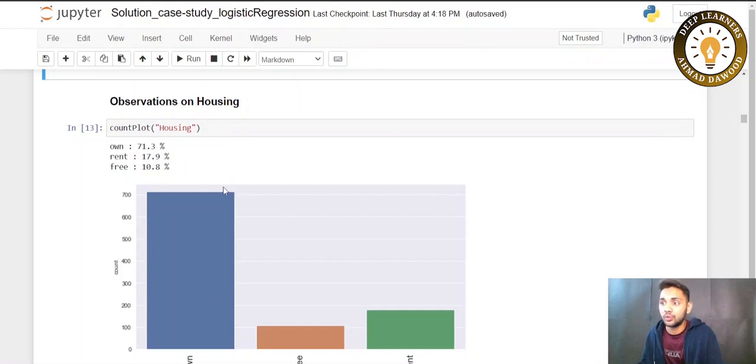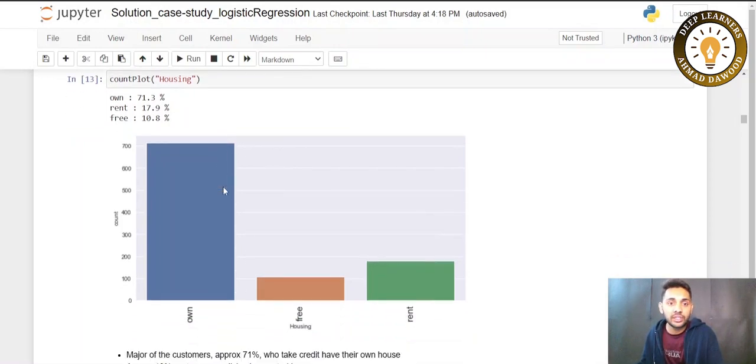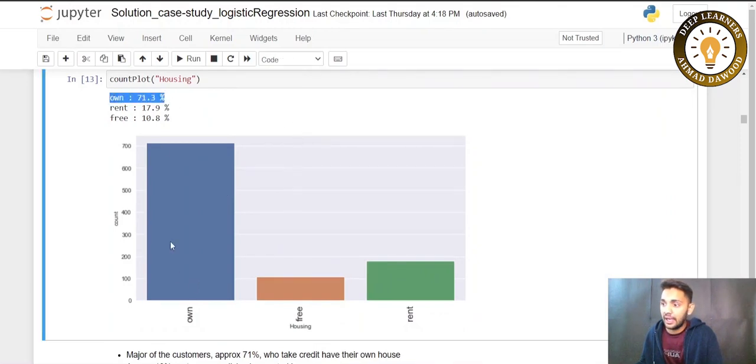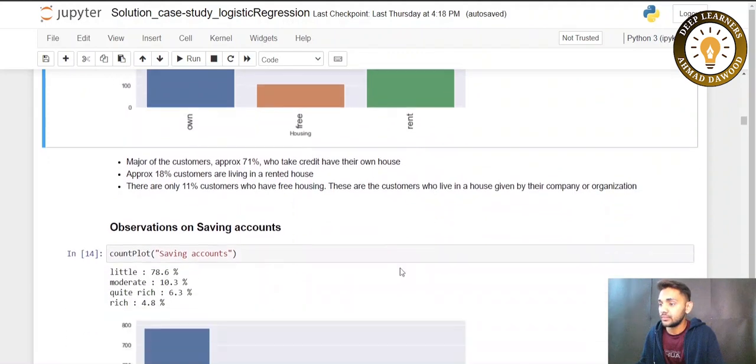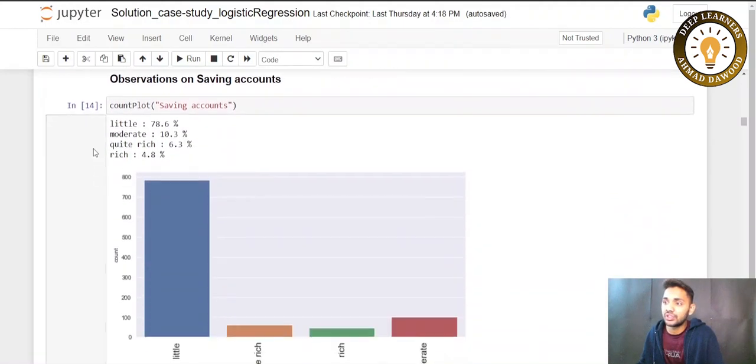Here in the case of housing, 71% of people have their own house, and from the height of that blue bar you can see their count is about 700 plus. Regarding saving accounts, little and moderate: 78% of people have a little saving account and 10% have a moderate saving account.